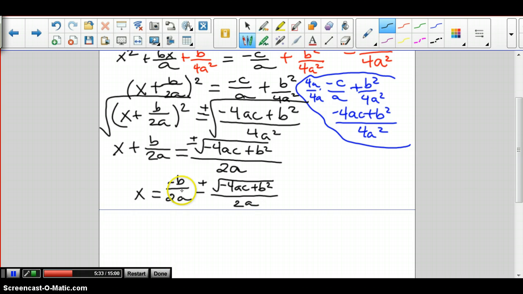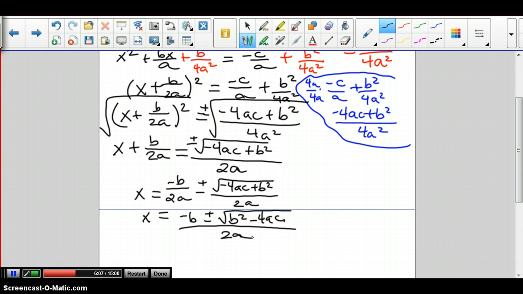Notice that we have a common denominator of 2a, so I'm going to finish this by combining these, putting it all over 2a. So I have minus b plus or minus the square root of, and I'm just going to rearrange the order because addition is commutative, b squared minus 4ac, all over 2a.